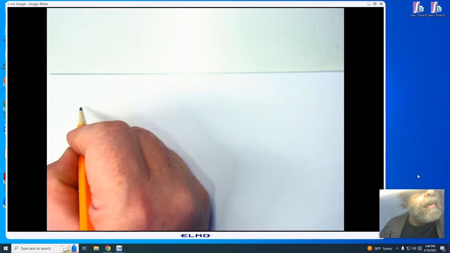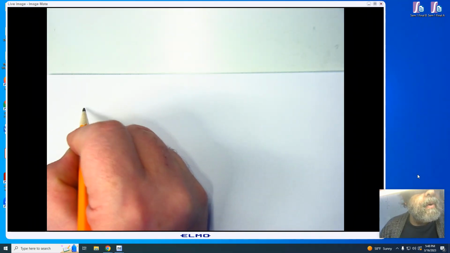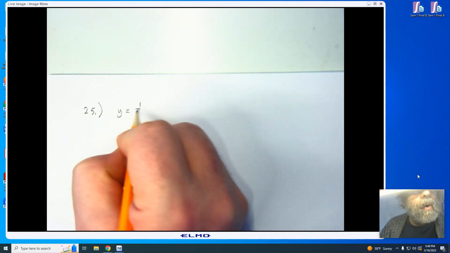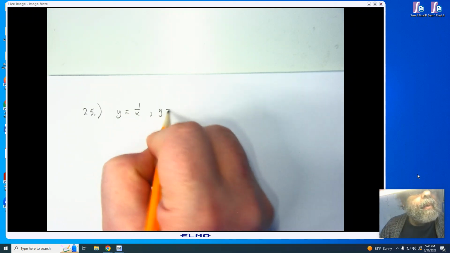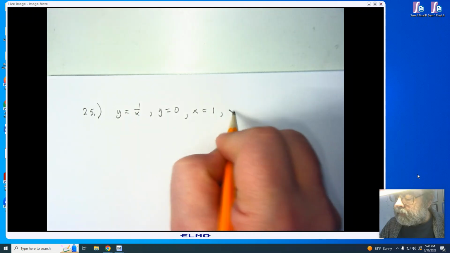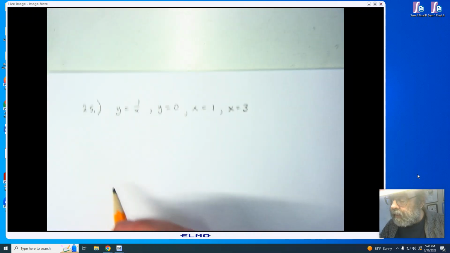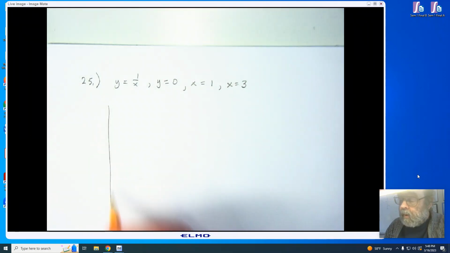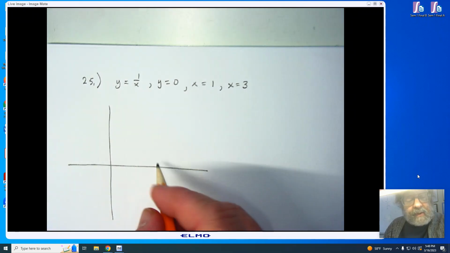This will be the end of my part 3, and then we'll finish part 4 probably tomorrow. We have y equals 1 over x, y equals 0, x equaling 1, and x equaling 3. We're revolving about the x-axis.